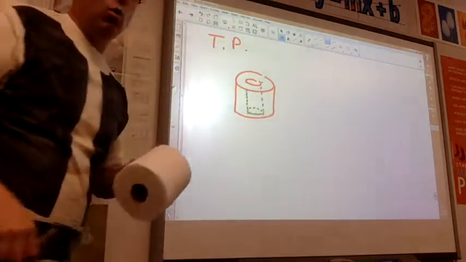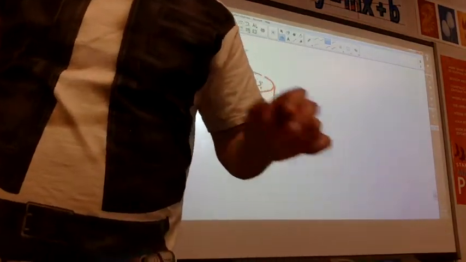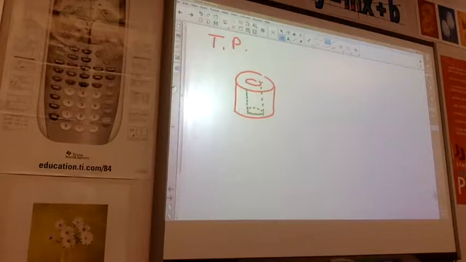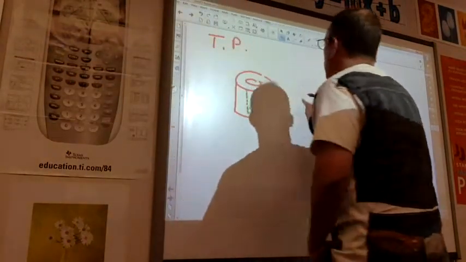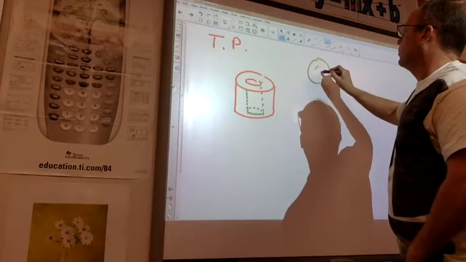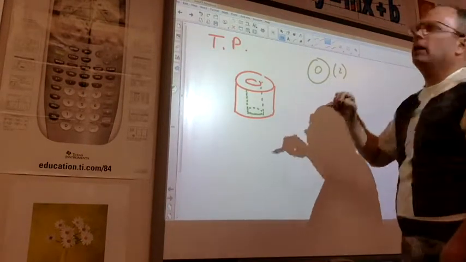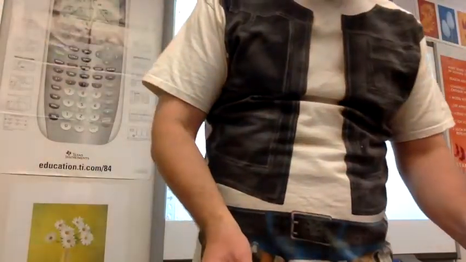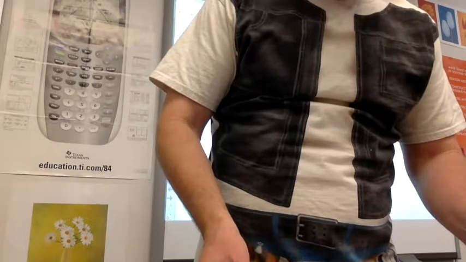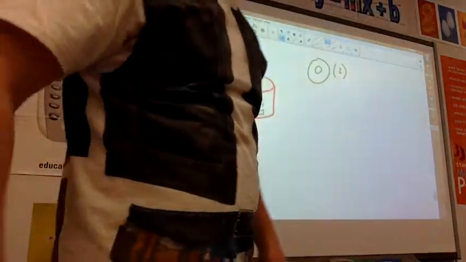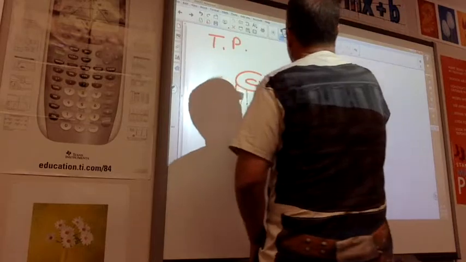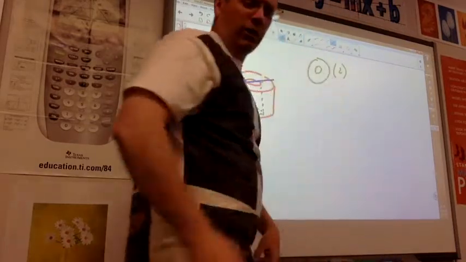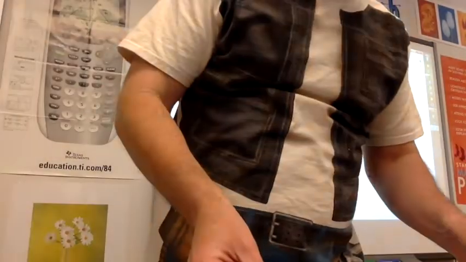All right, let's think about the surface area of this bad boy. So I have a top and a bottom, times 2. So let's figure out the entire diameter all the way across.